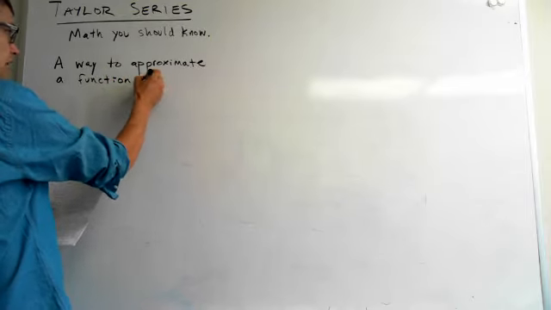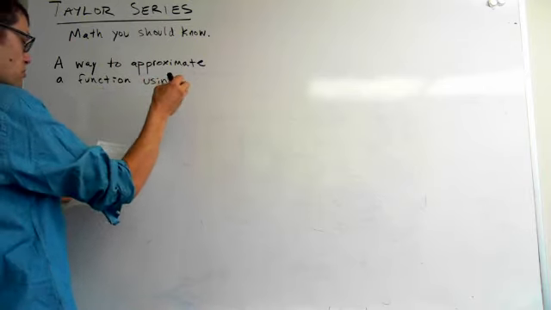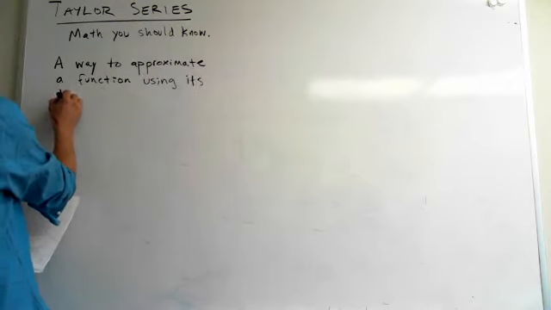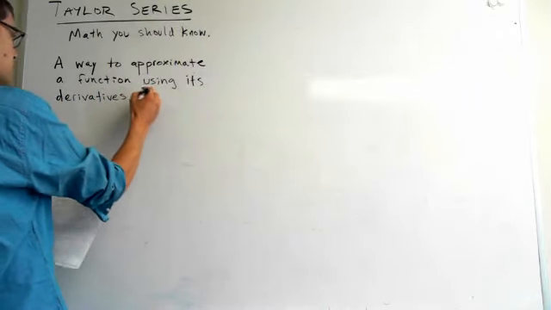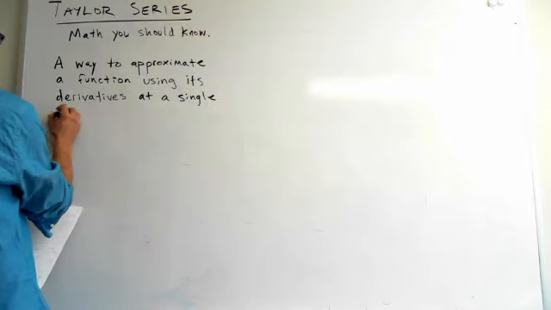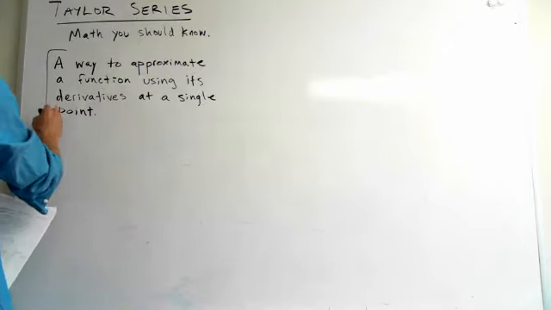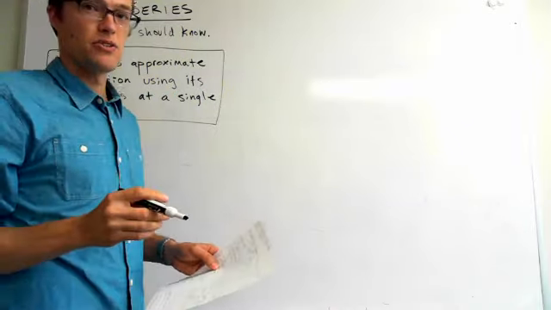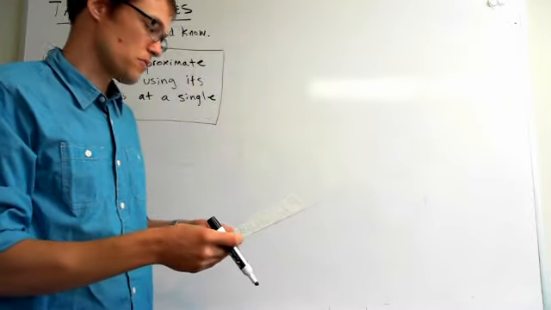We're approximating the function at and around a point using only the derivatives at a single point of the function. So using the function's derivatives at a single point. Okay, so that's what it is for, at least that's what we use it for. There's a lot of math having to do with Taylor series, which I won't go into in great detail, but for our purposes, this is what we use it for.